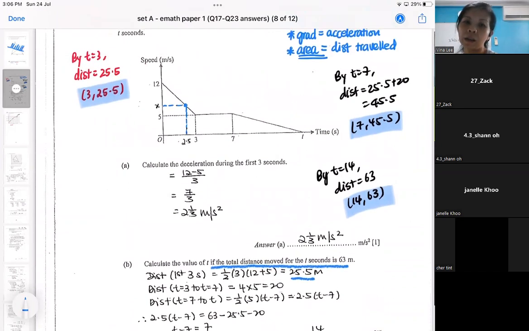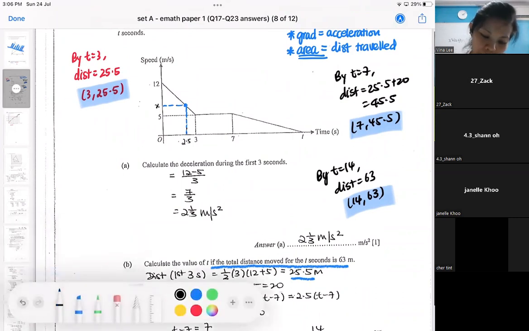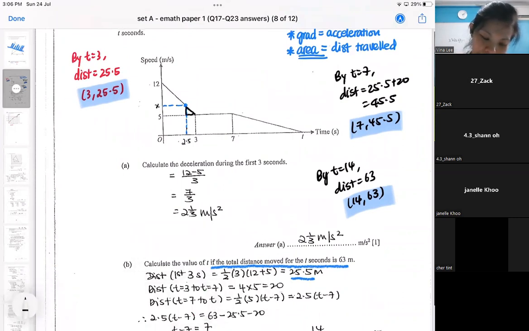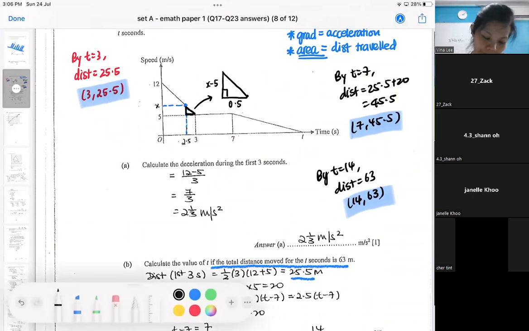So this is the X that I'm interested in. What I did was a similar triangle. I got a small triangle here. Can you see that the small triangle is X minus 5 and 0.5? So I got a tiny triangle.